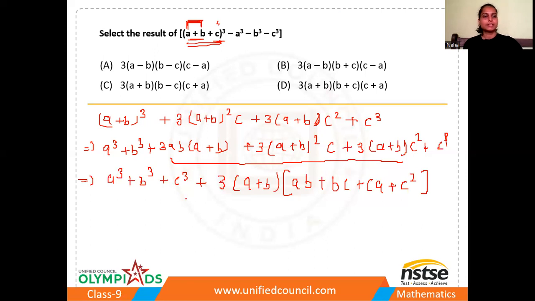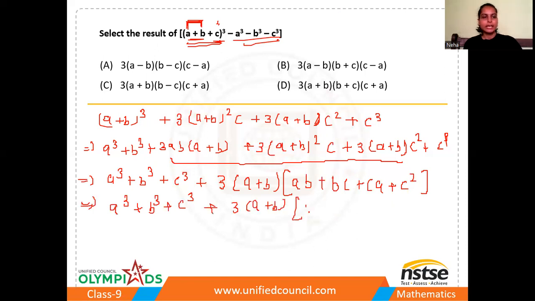It becomes like that. Now I have minus a cube minus b cube minus c cube with me. So these three terms will cancel out. Okay, let's do it later. All right, so now it becomes a cube plus b cube plus c cube plus 3 into a plus b into the bracket.